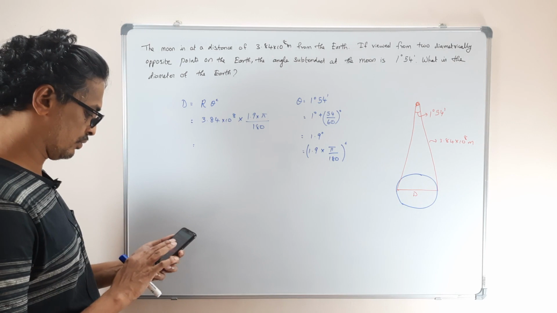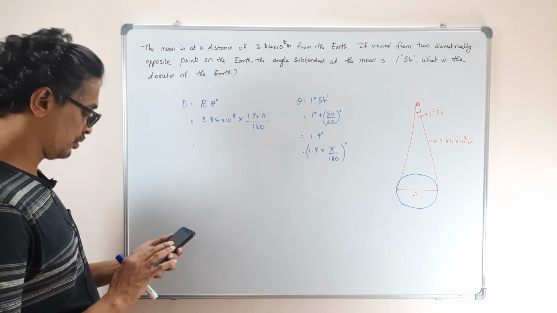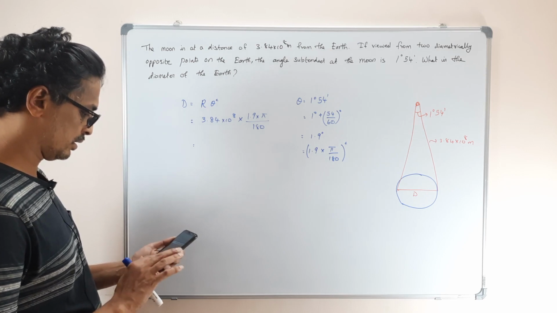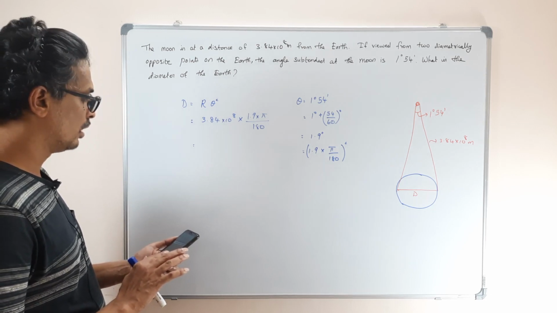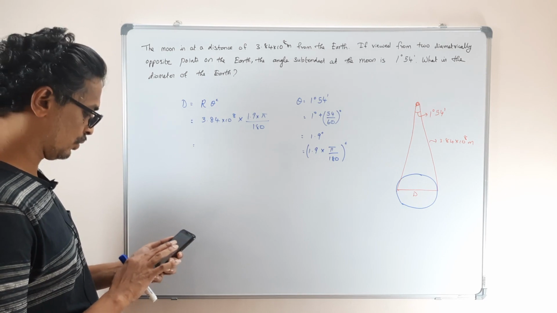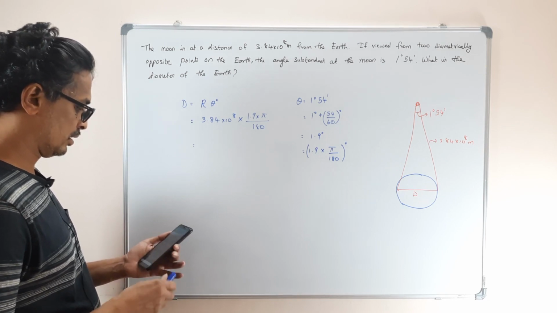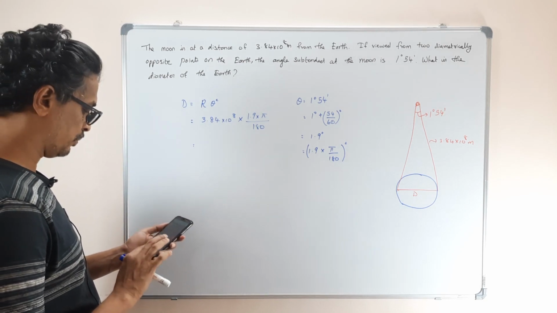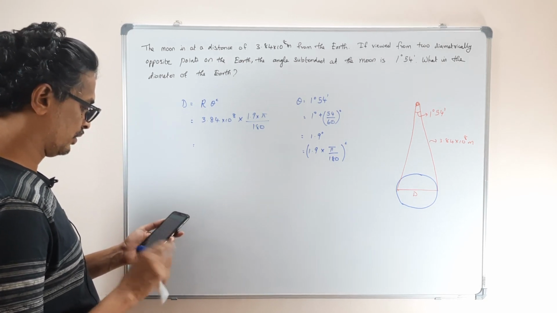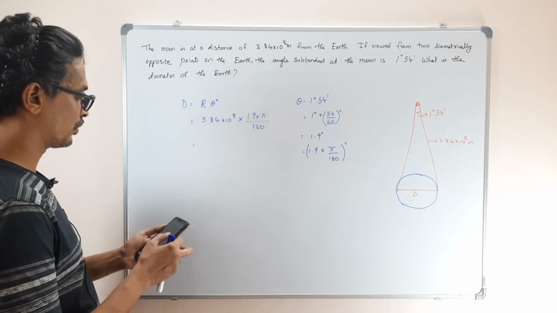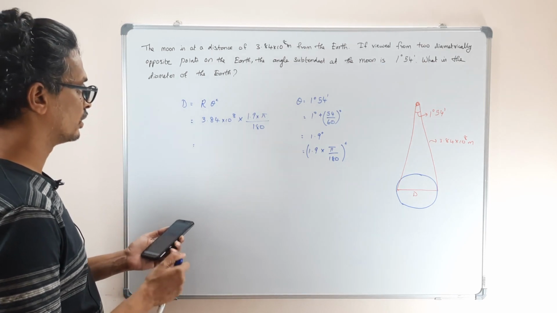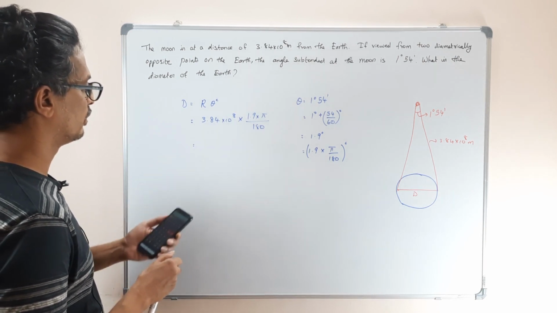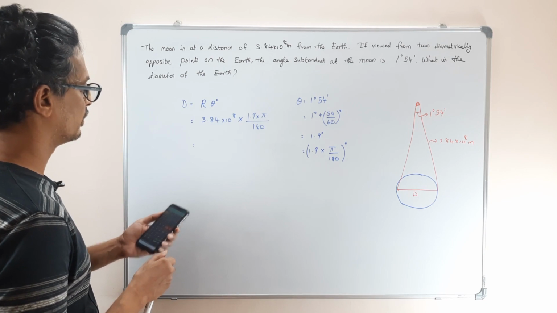So 1.9 into pi divided by 180, into 3.84. Oops, I cancelled everything. Tell me what it will be. Can you do it by normal division itself? Yeah, you can do it.